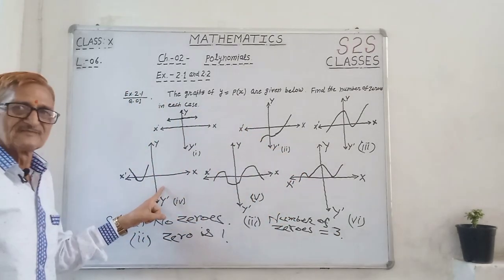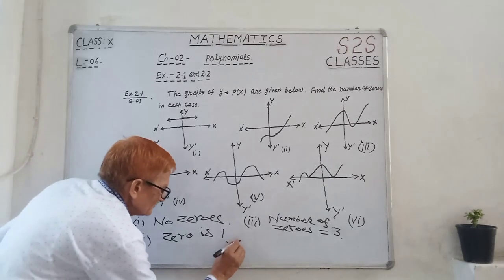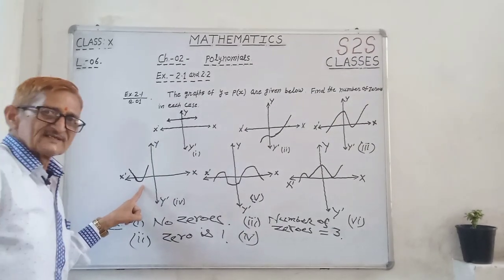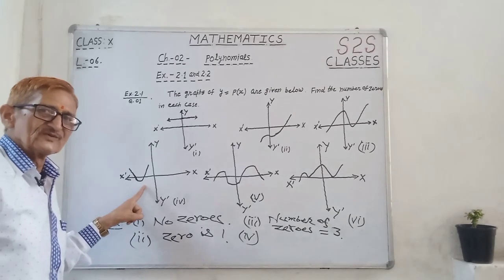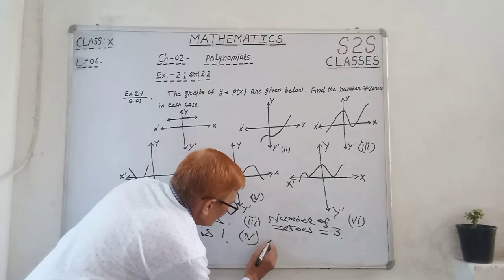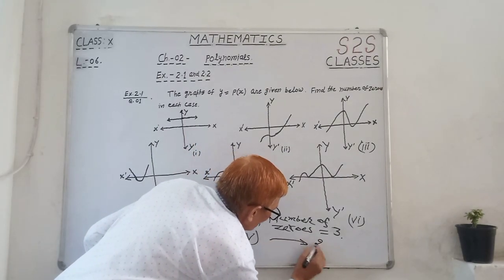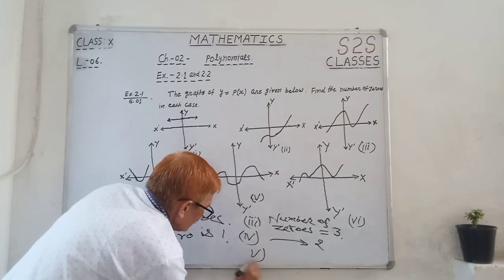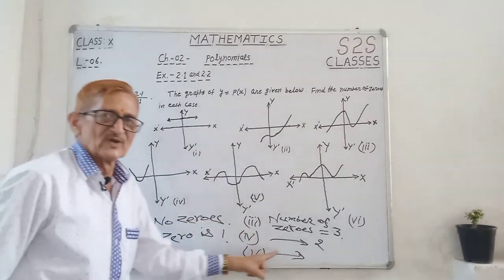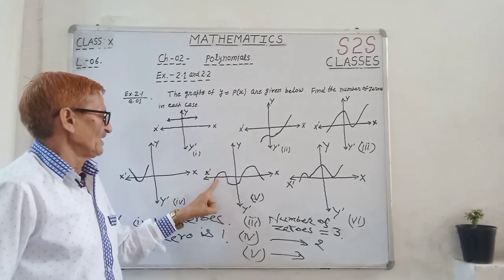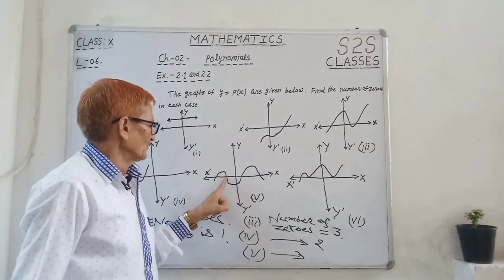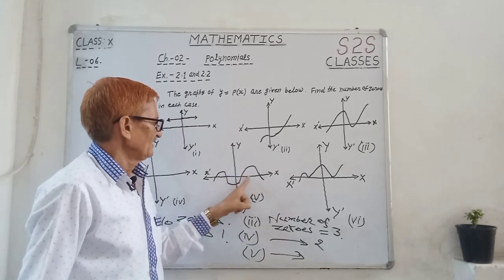Now fourth part. In the fourth part, number of zeros, count here by the graph, how many points cut on the x-axis by the graph? 1, 2, then 2 zeros. The number of zeros here is 2. And then fifth part, number of zeros. Similarly, in the fifth part, how many points cut on the x-axis by the graph? 1, 2, on the x-axis, 3, 4.